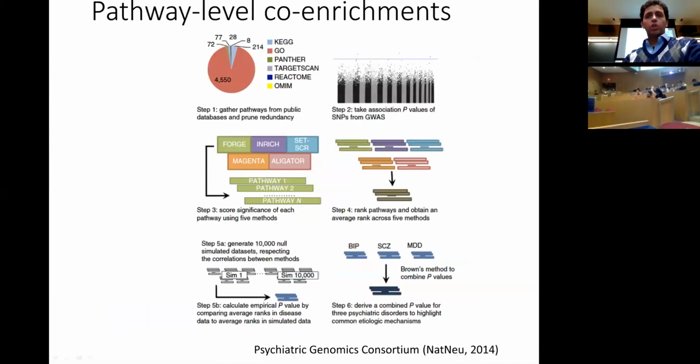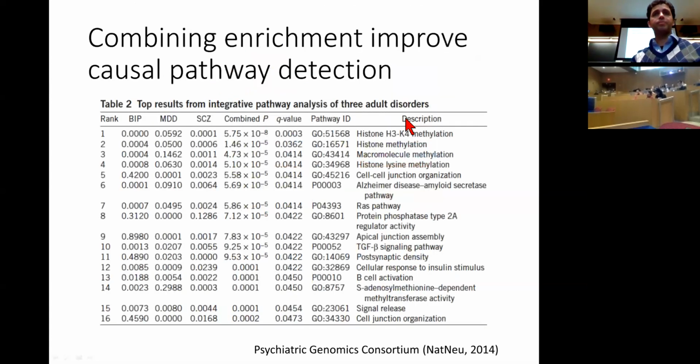The Psychiatric Genomics Consortium took a similar systems genetics approach to study co-enrichment at the pathway level. So, gathering pathways from public databases, pruning the redundancy, and then asking what is the association for genetic variants in that pathway rather than genetic variants in isolation.